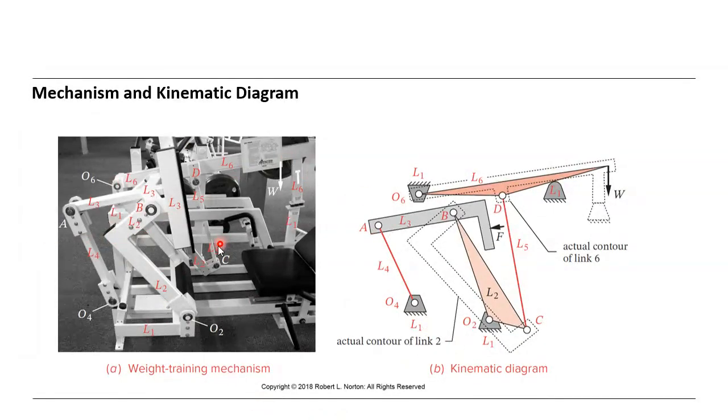At one glance we cannot really see everything, but if we create a kinematic diagram using this mechanism, you see in this kinematic diagram all the grounded rotating joints and all the links, whether binary or ternary or quaternary, and the joints, whether rotating joint or translating joint, sliding joint, and so on.